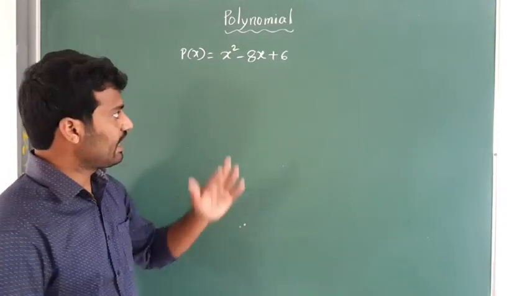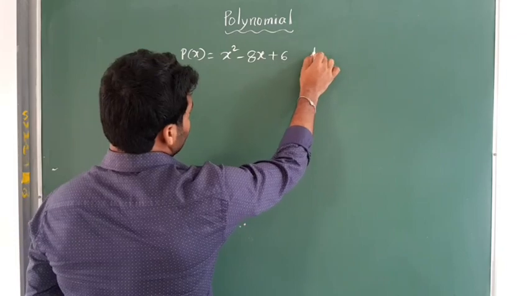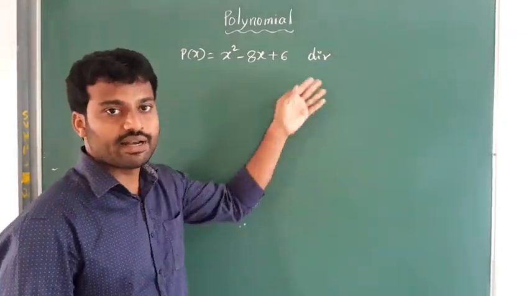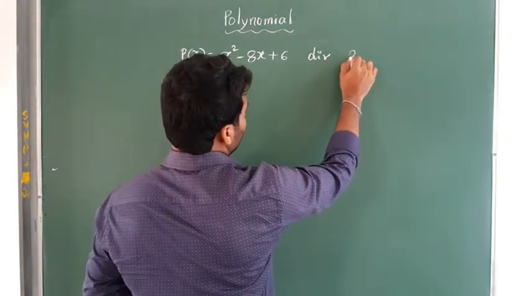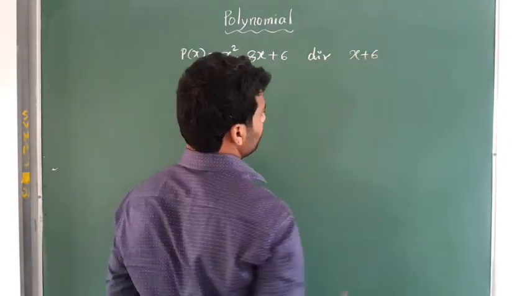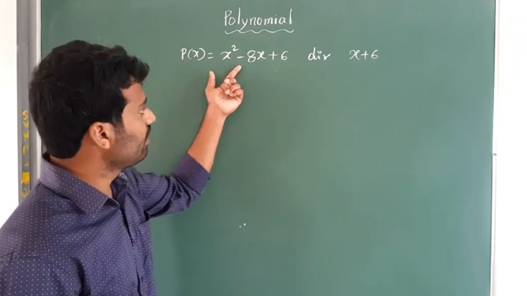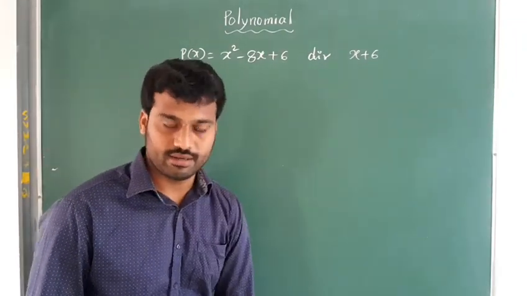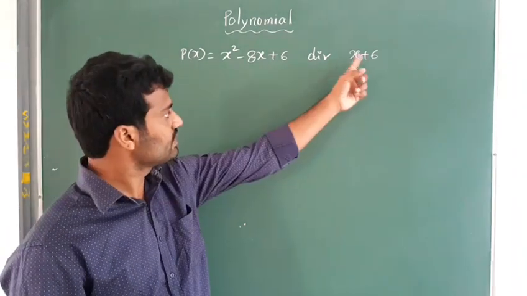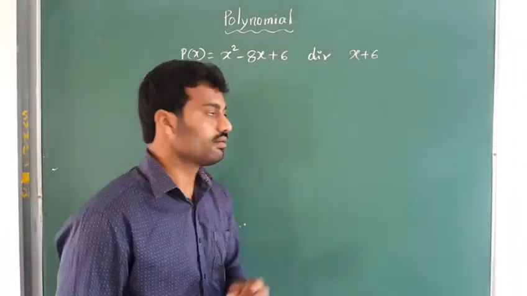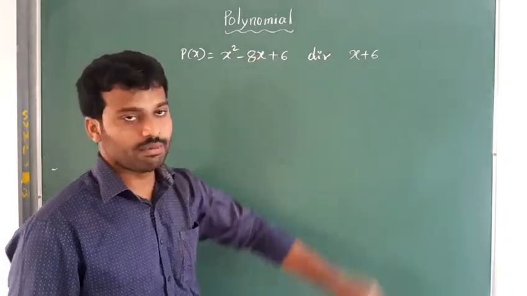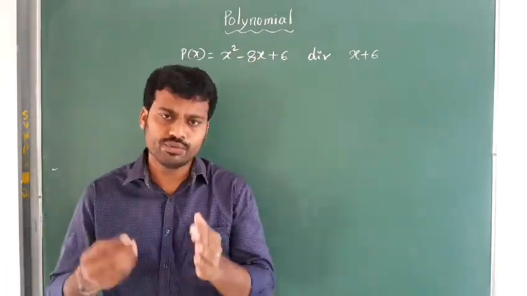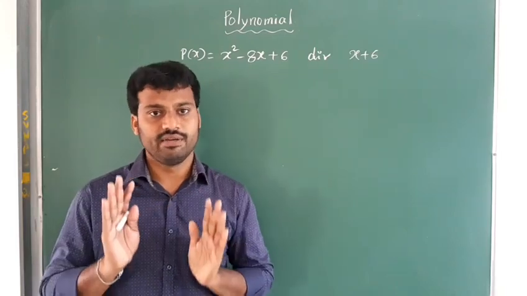Now if they ask, this is divided by some linear polynomial, x plus 6, then what will be the remainder? It is a quadratic, and this is a linear. So this polynomial is divisible by this one, then what will be the remainder? We have to find it by using the remainder theorem.